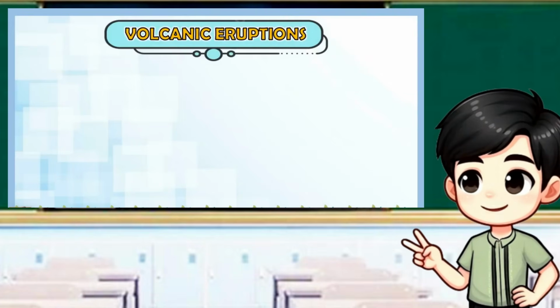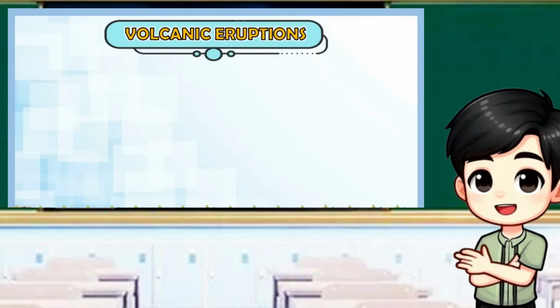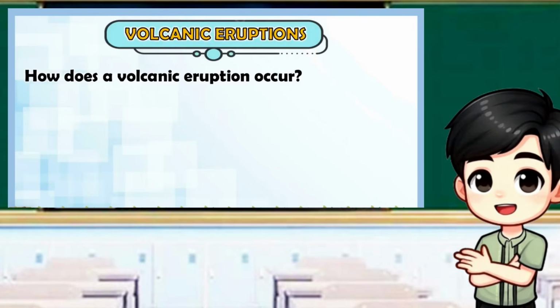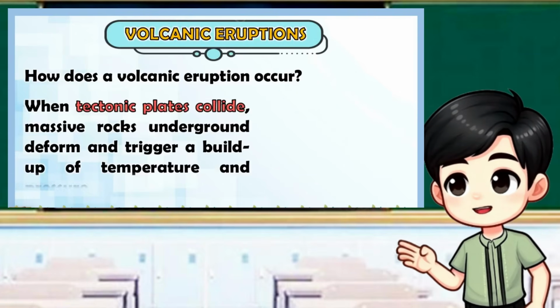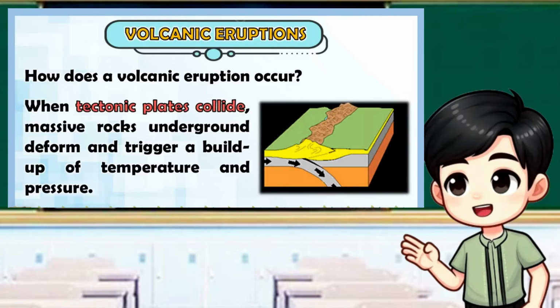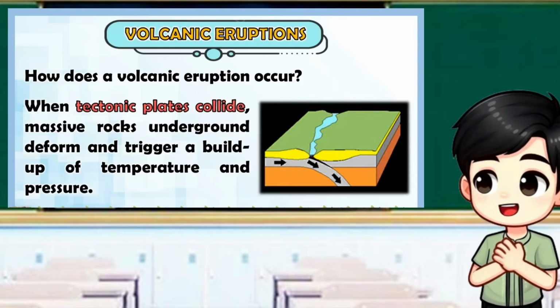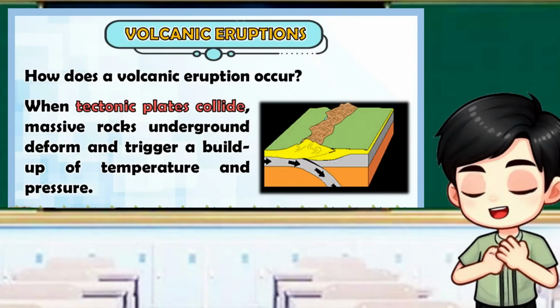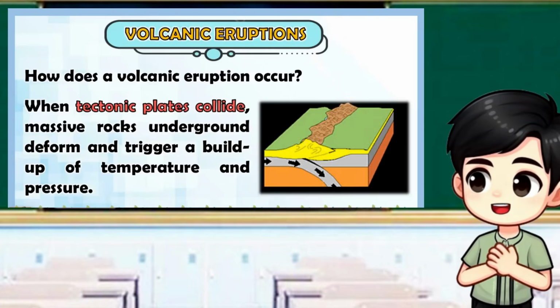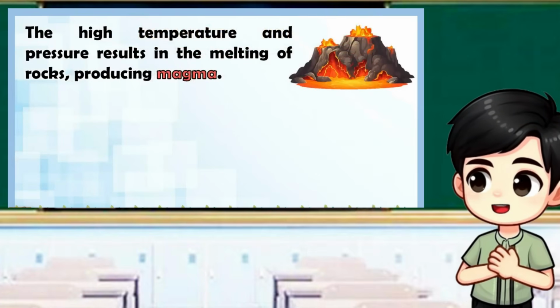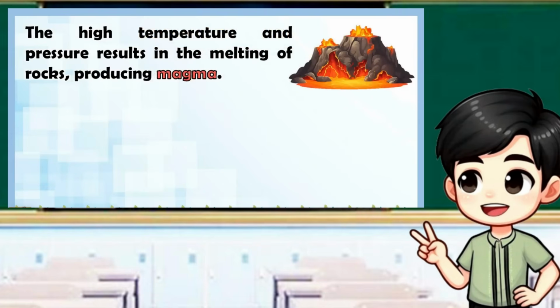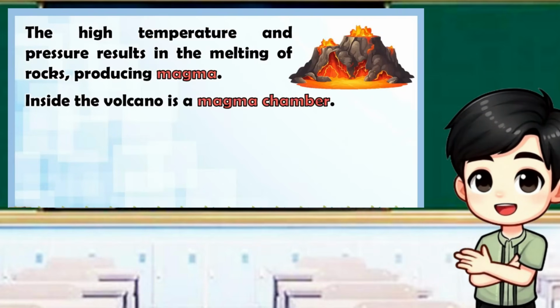Let's study volcanic eruptions. How does a volcanic eruption occur? When tectonic plates collide, massive rocks underground deform and trigger a buildup of temperature and pressure. The high temperature and pressure result in the melting of rocks, producing magma. Inside the volcano is a magma chamber.